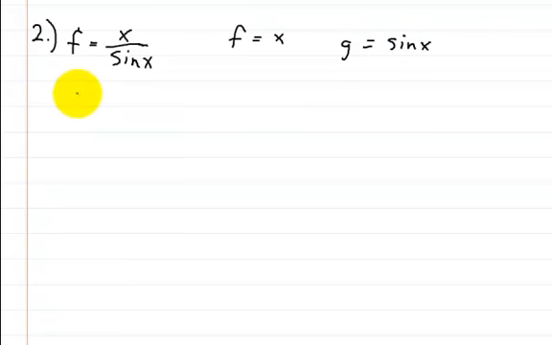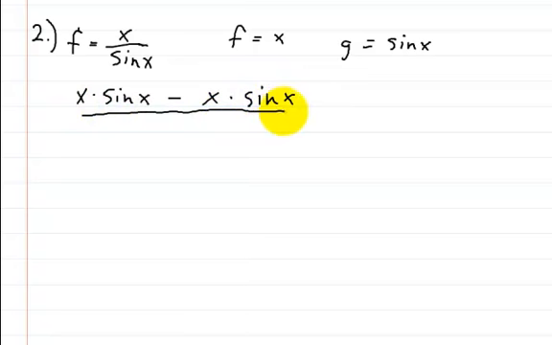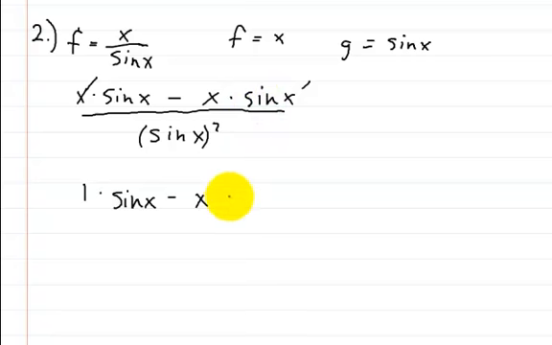So here we're going to plug those values in. We're going to get x times sine of x minus x times sine of x again, all divided by sine x squared. And we're going to take the derivative of the first one and the derivative of the last one. The derivative of x is 1. So we're going to get 1 times sine of x minus, I'm going to bring down the x, derivative of sine is cosine, so cosine of x.